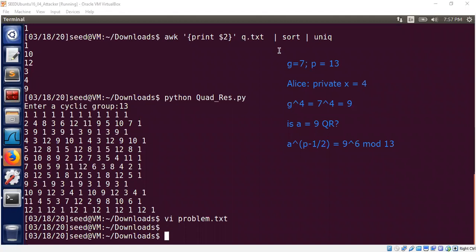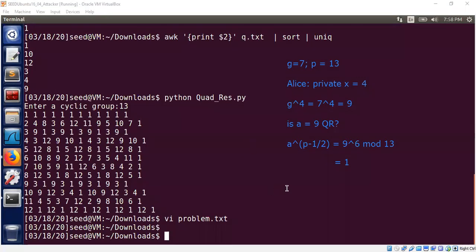So the Euler's criterion theorem says a number is a quadratic residue only if A power (P minus 1)/2 is 1, which is true. Therefore, Alice can conclude, well, Alice already knows it is her private key.